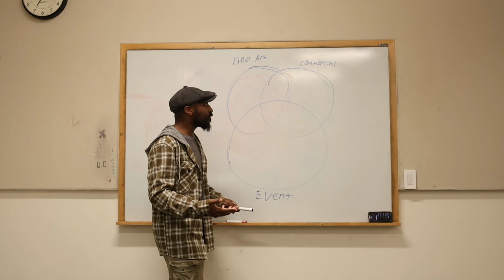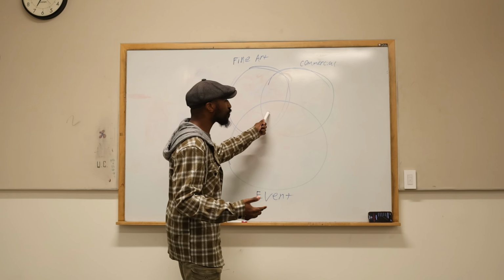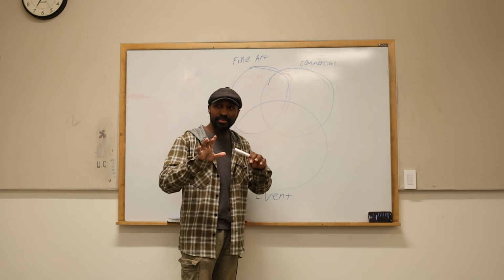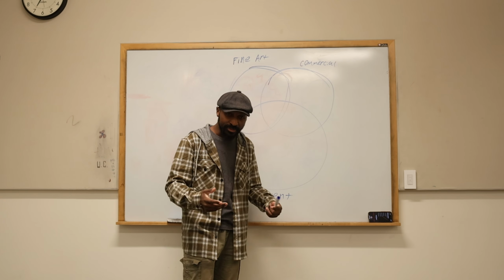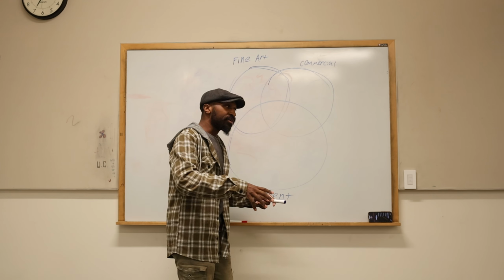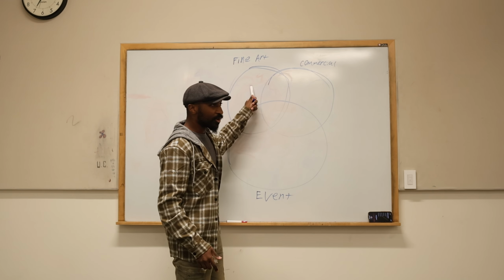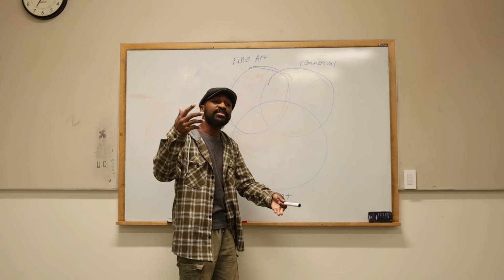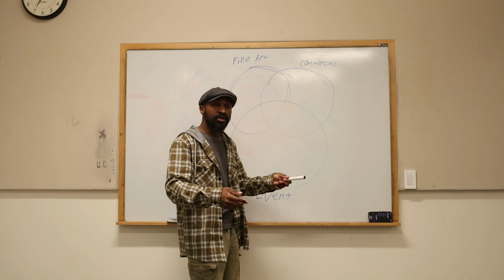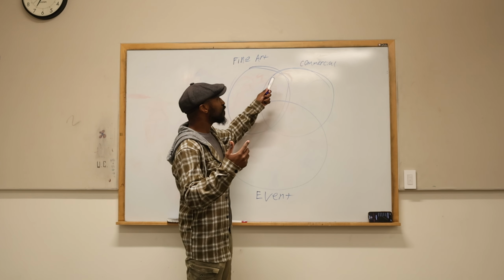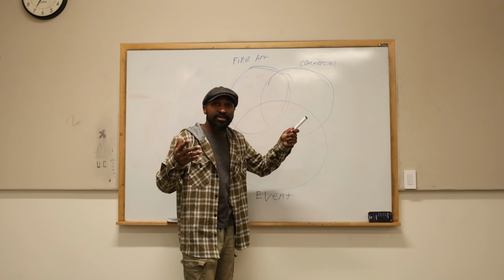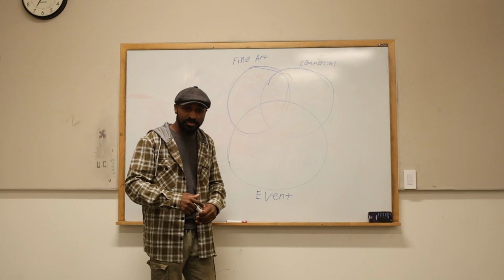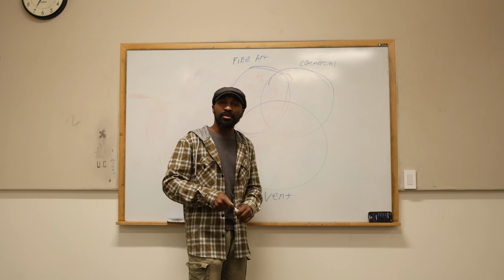Now, if you're looking for things that end up in all three, I think the easiest way to find that would be portrait work. Now, portrait photography, like I said, can start out as fine art. You can find a model and you can take really nice portrait photos, and then you can end up getting published, which is nice. And let's say that those portrait photos were at a wedding.